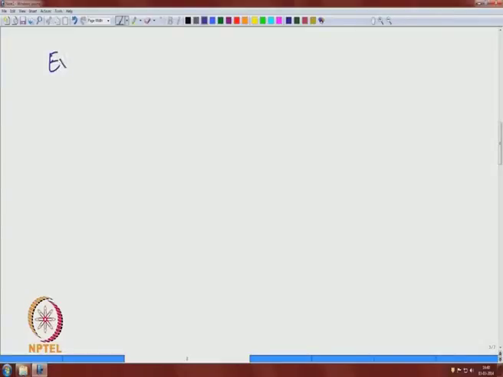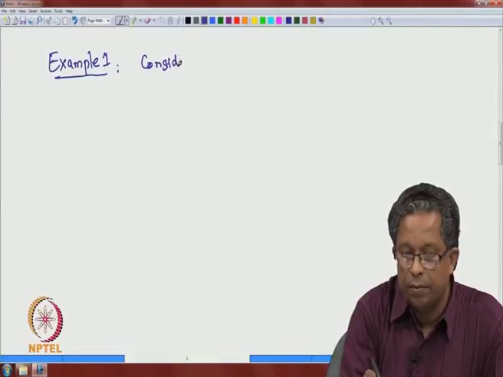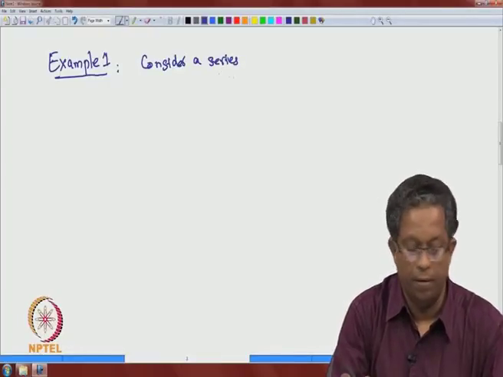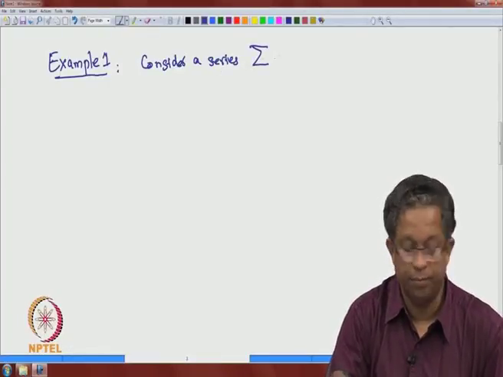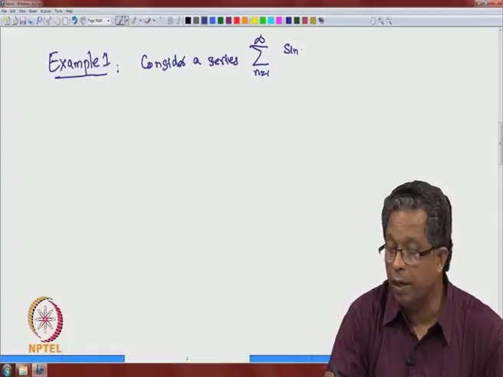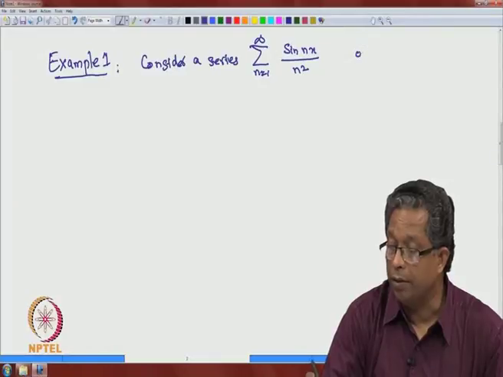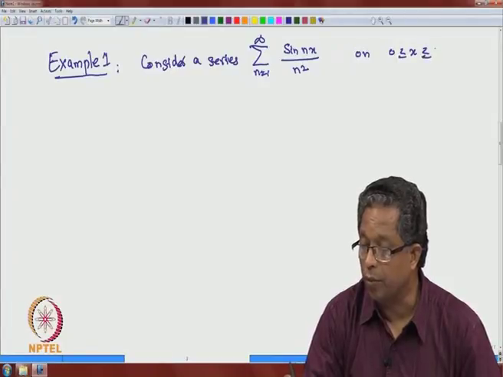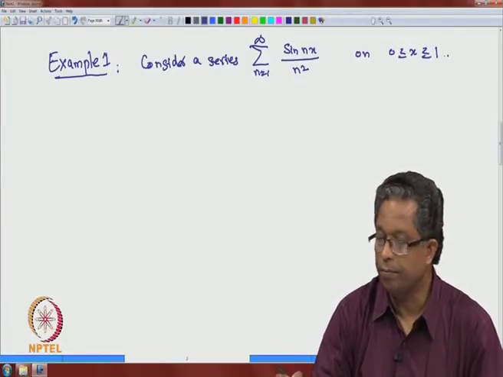So, example, say example 1. So, consider a series, that is summation n goes from 1 to infinity sin nx divided by n squared, and this is defined on the interval 0 less than or equal to x less than or equal to 1.